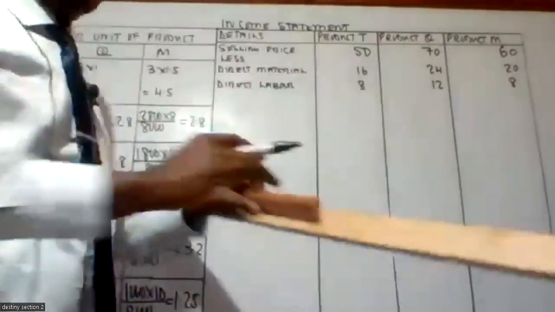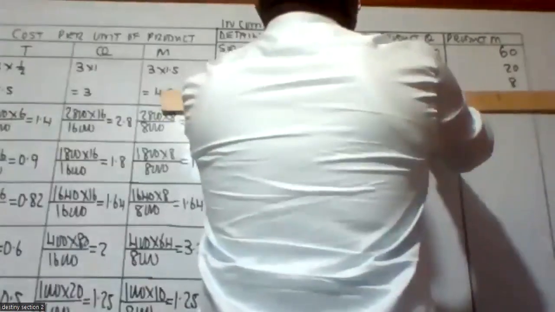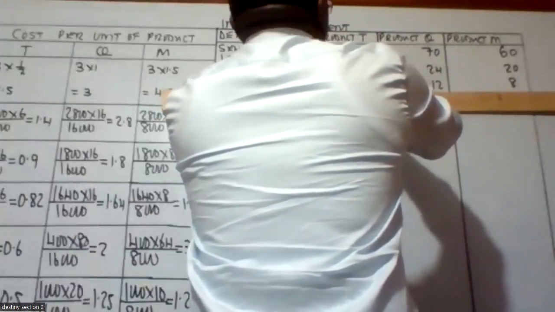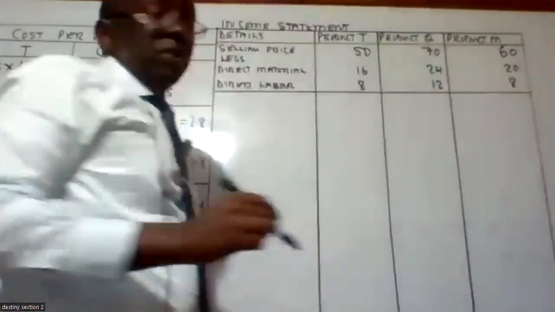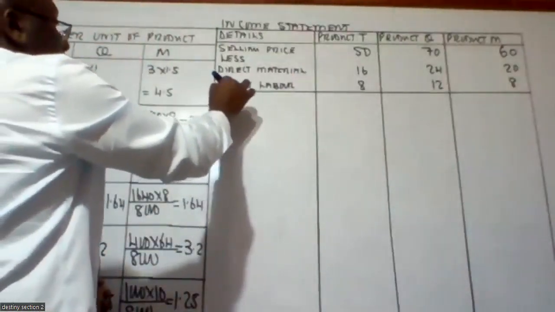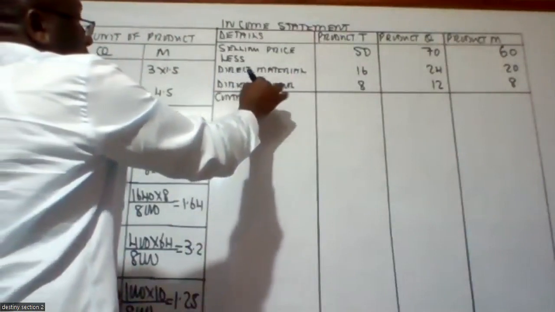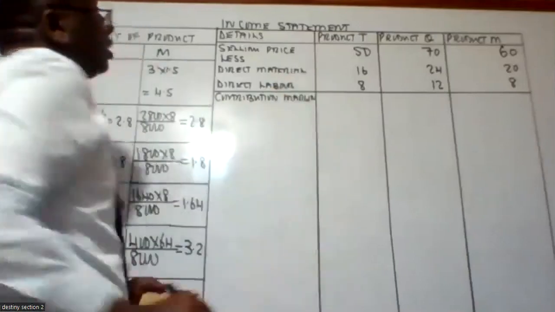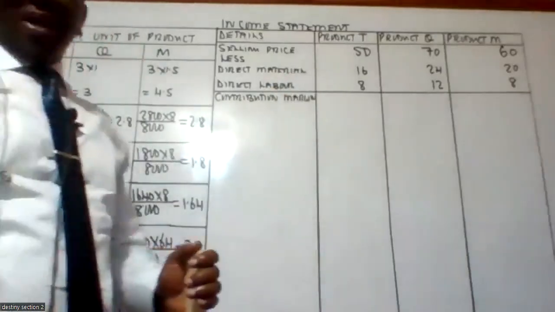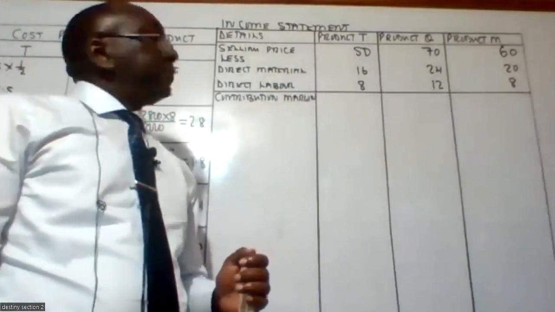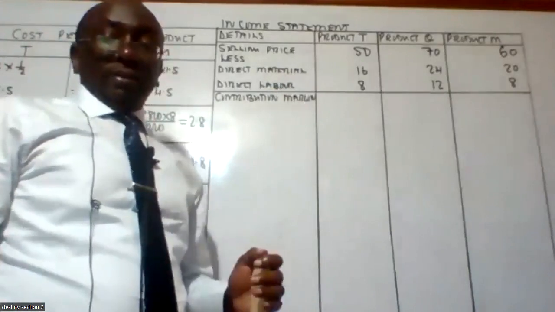When you do that, you get a figure we call contribution margin. Contribution margin is what you get when you subtract the variable costs from the selling price.